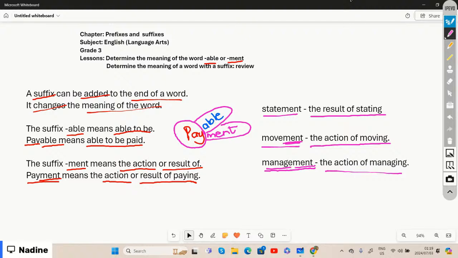All right. And if we were to look at a few examples of words with the suffix able, can you think of words that have the suffix able at the end of a base word? We have payable. Think of words with the suffix able.